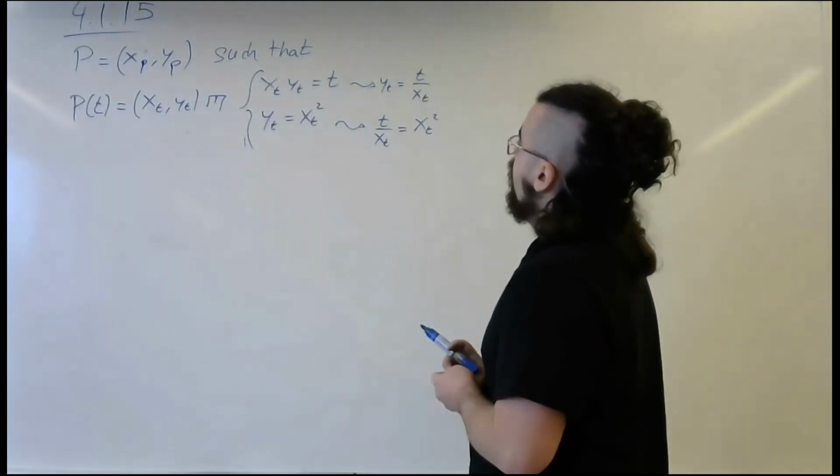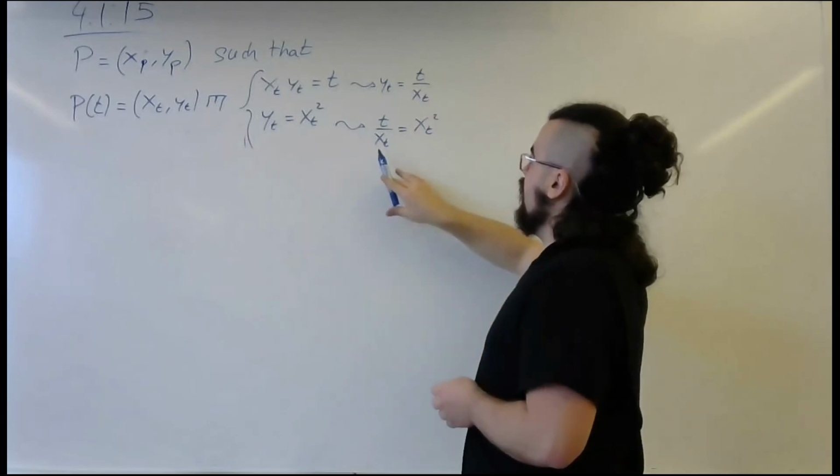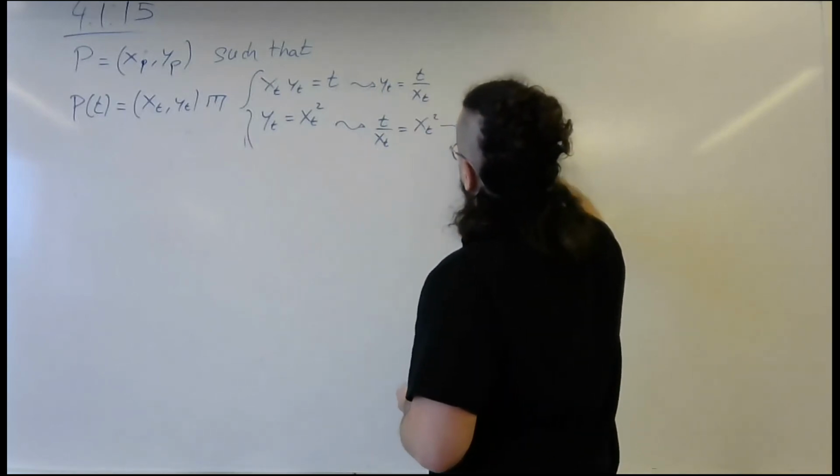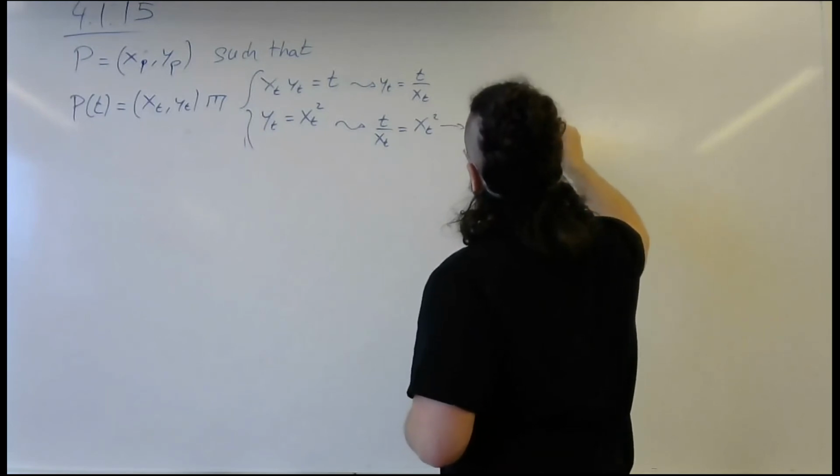So from here, y(t) is t over x(t). We move it here, and what we have is that x(t) cubed equals t.